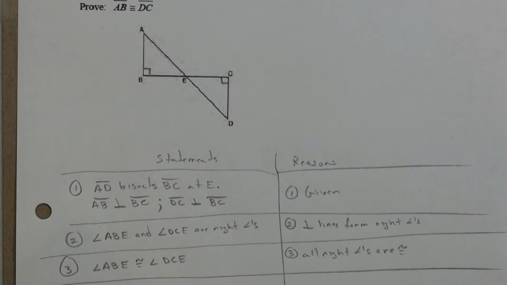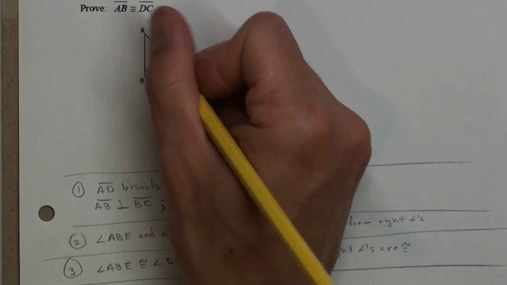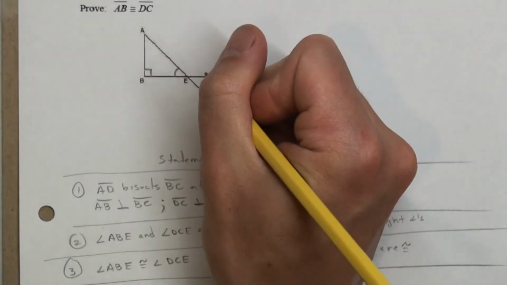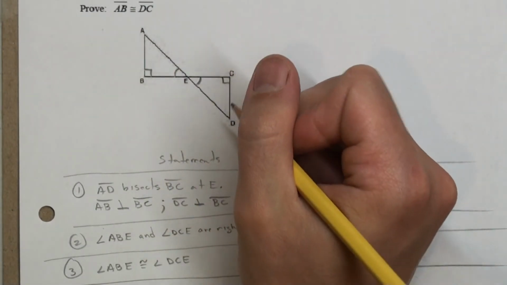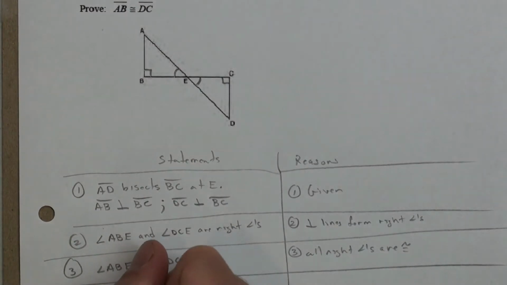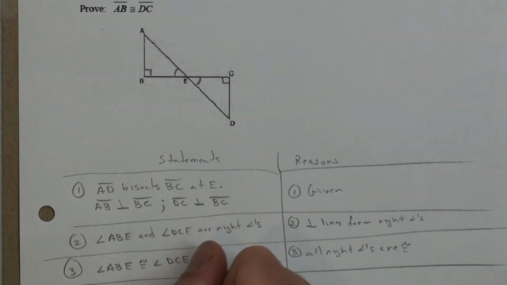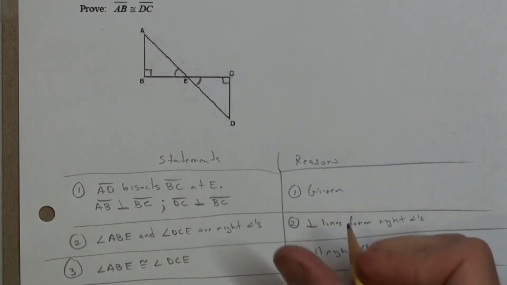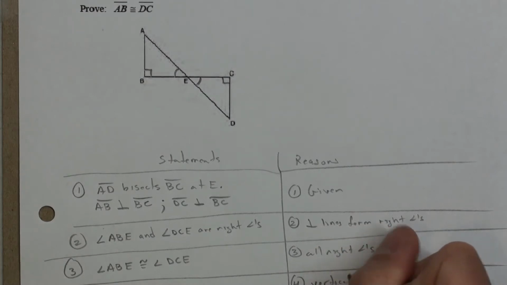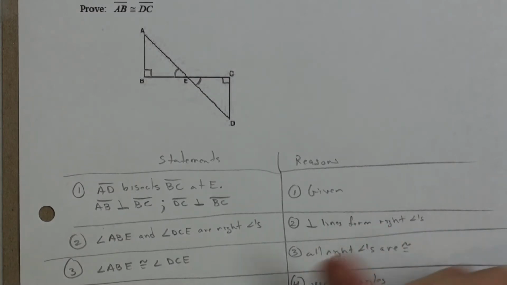Now I can also say angle AEB and angle DEC, so angle AEB is congruent to angle DEC, and that's because of vertical angles.